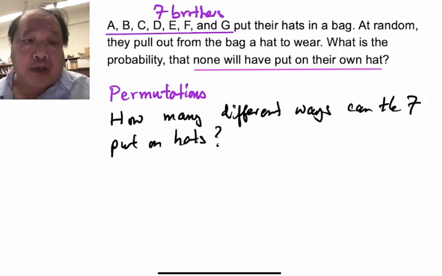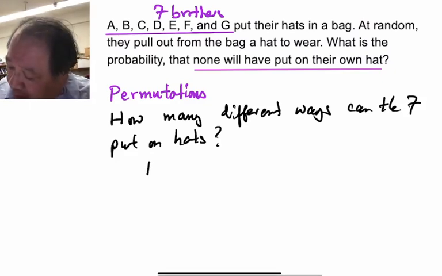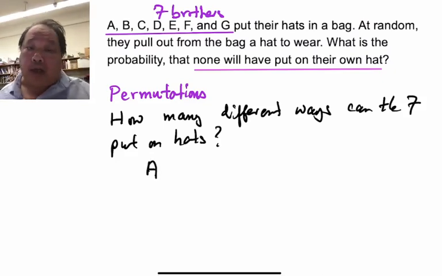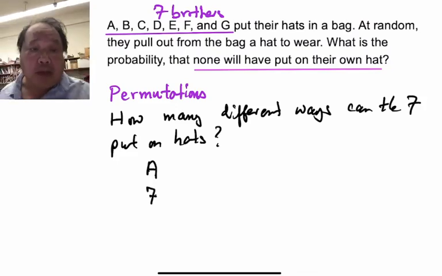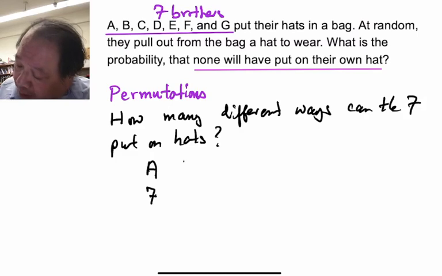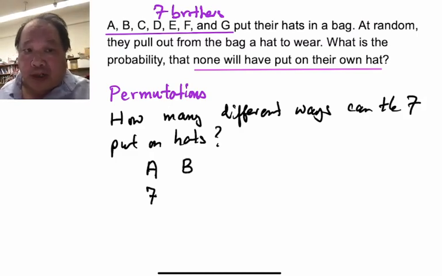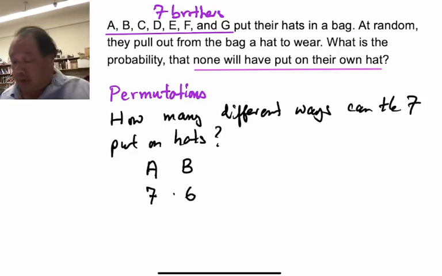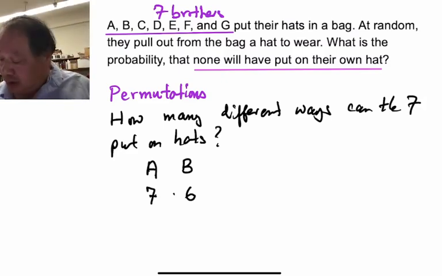And the answer to that question will be, for A could put on any one of 7 hats. For B, there are only going to be 6 hats left over. A has put on a hat, so B could put on any one of 6 hats. So far we've got 42 ways, 7 times 6.